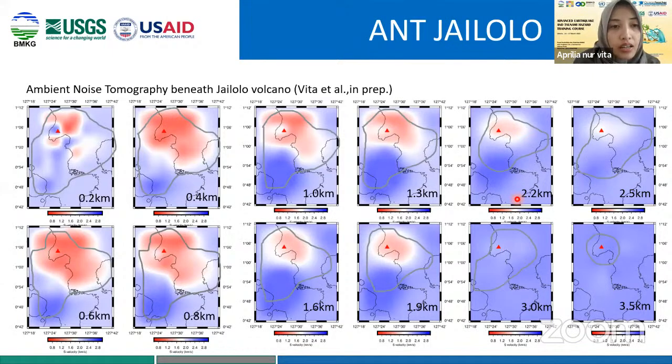We conduct seismic ambient noise tomography under the area of a swarm in 2016 that lasted for 2 years, and we obtain a widespread low velocity anomaly in the shallow depth up to 2 kilometers. We are still interpreting what causes this low velocity anomaly, whether it comes from the existence of geothermal fluid or magmatic movement.